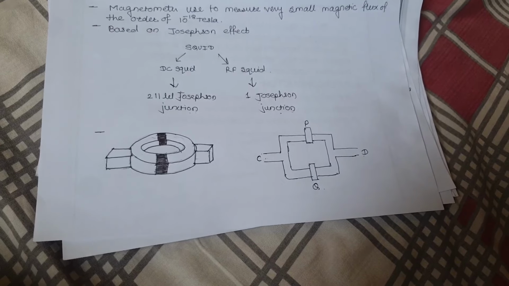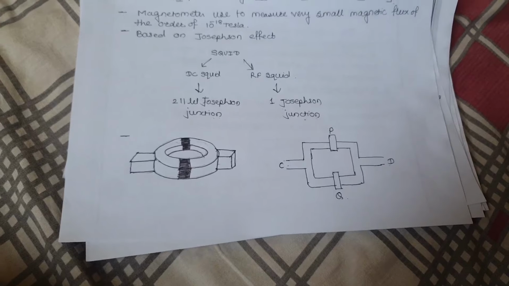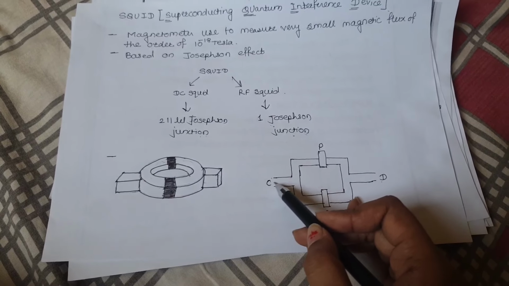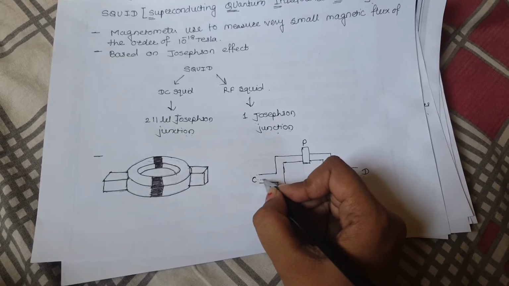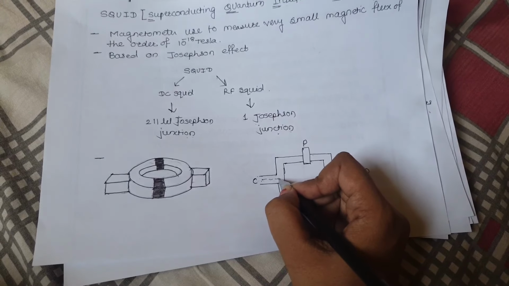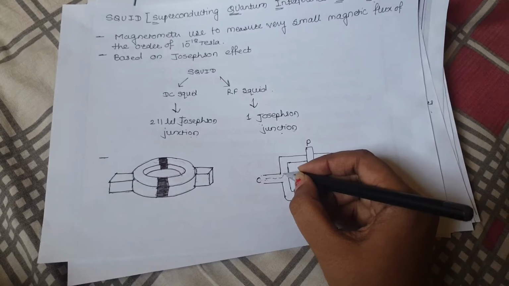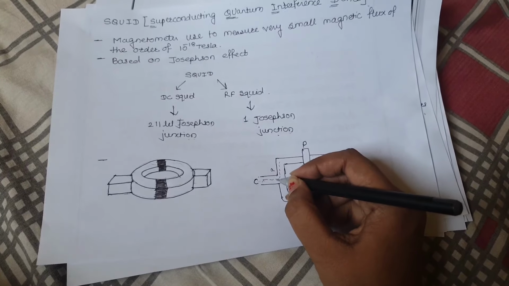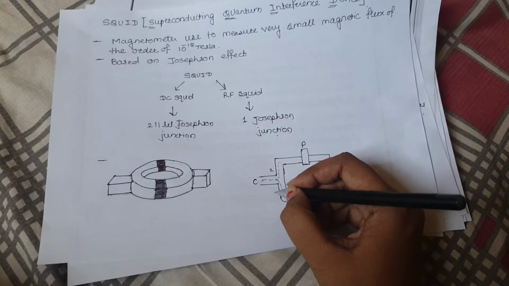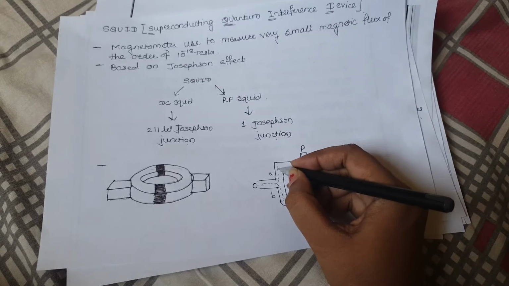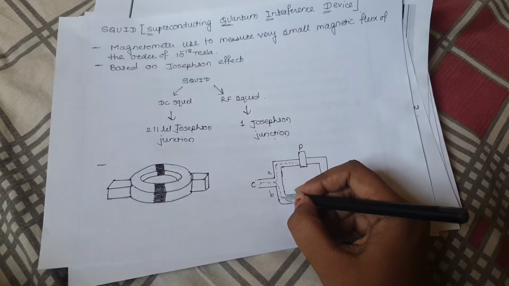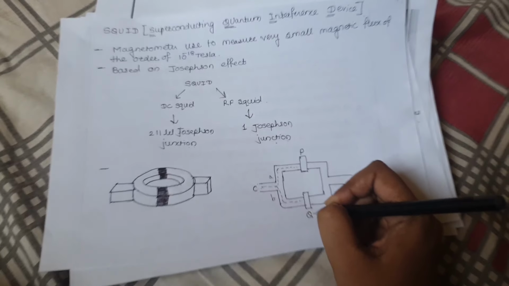When that bias current enters at arm C, it gets divided into path A and path B. Then it moves towards junction P and junction Q.